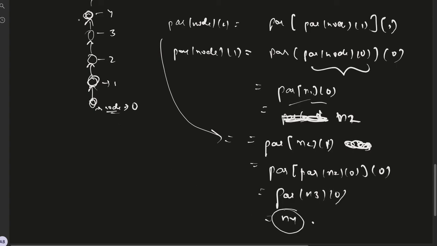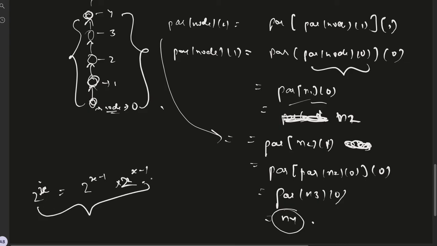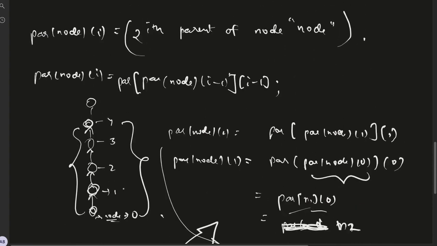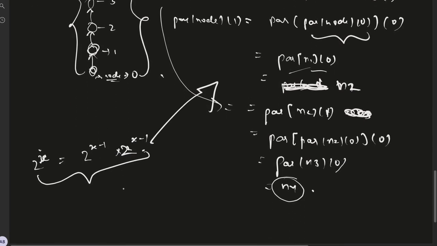So we see that this formula works because 2 par x can be written as 2 par x minus 1 plus 2 par x minus 1. This is the logic that extends to this code.